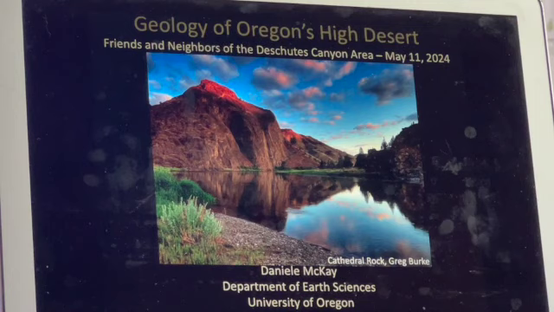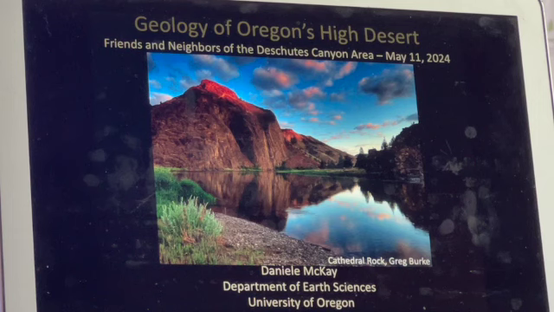Before I get into this talk, the title is Geology of Oregon's High Desert, and it really combines two things. Beautiful photos, most of which are from the Oregon Natural Desert Association's calendars. They have these gorgeous calendars that come out every year, featuring local photographers, and this one here is Cathedral Rock by Greg Burke.